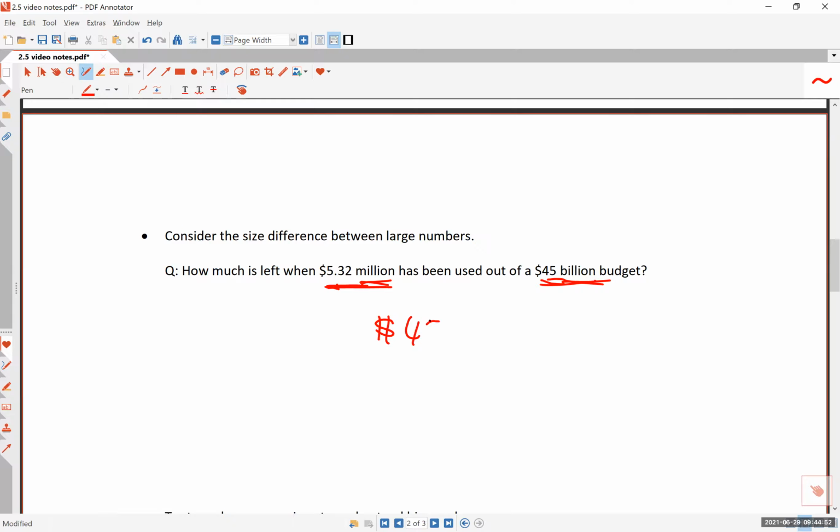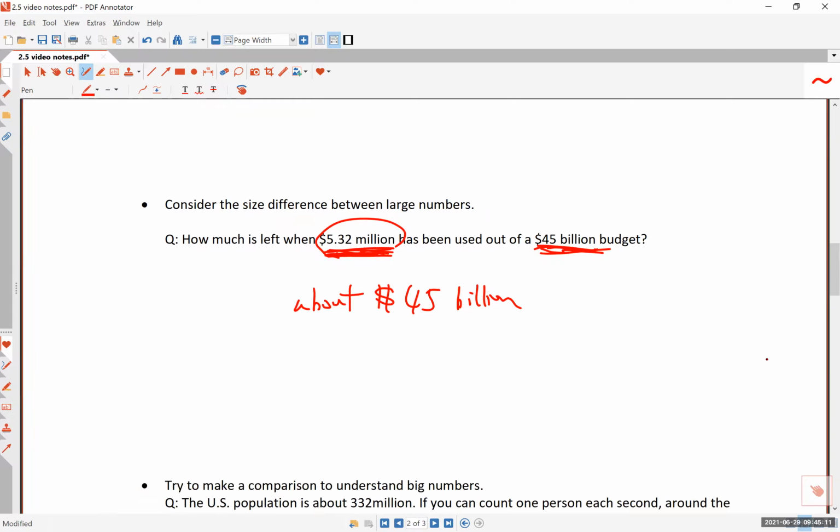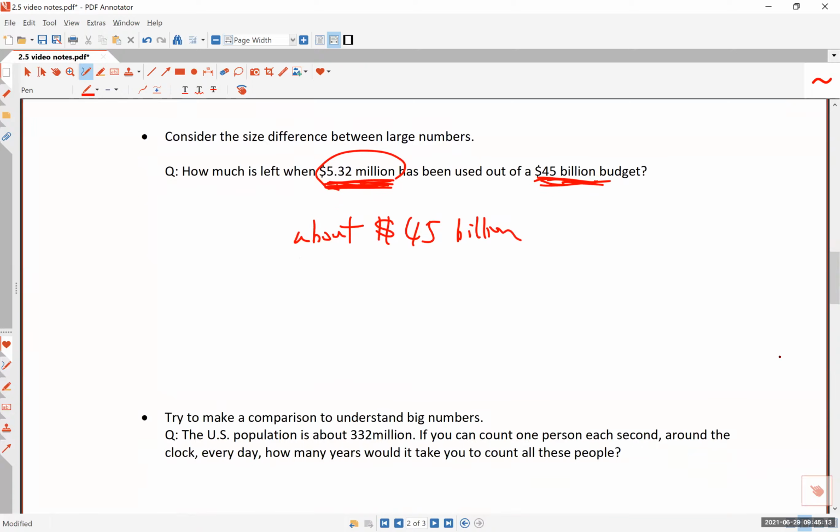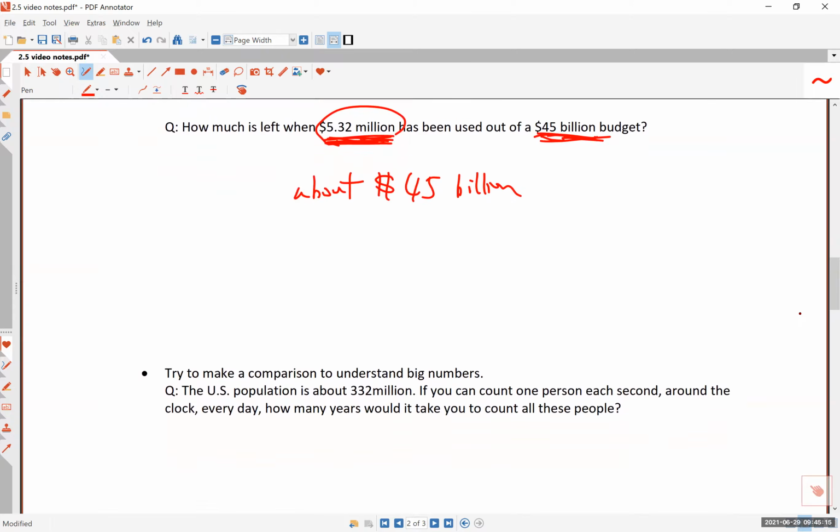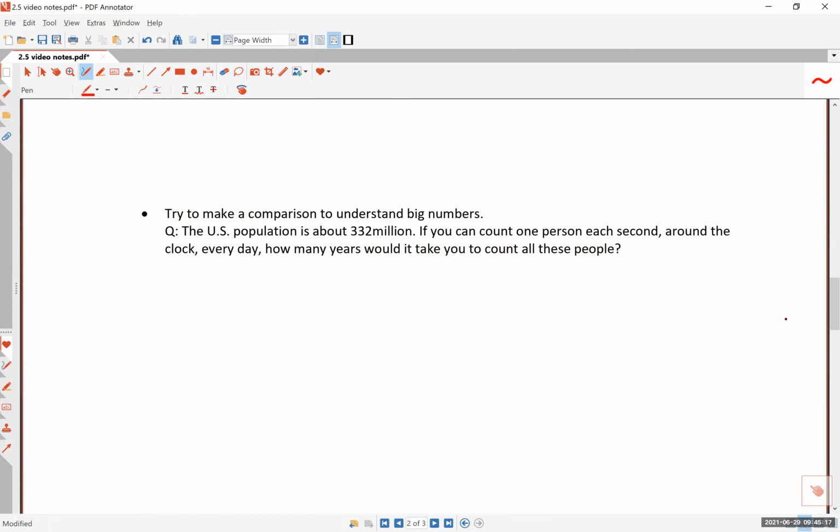So what's the answer? Just like in the previous section, the answer is about 45 billion. You really haven't spent much at all when you have such a small number like 5 million compared to $45 billion. So the point is that these numbers, even though they may look big, can be negligible in light of something much, much bigger.